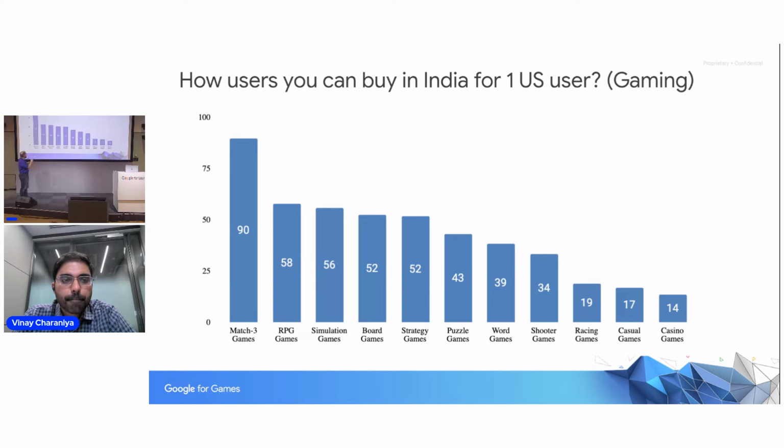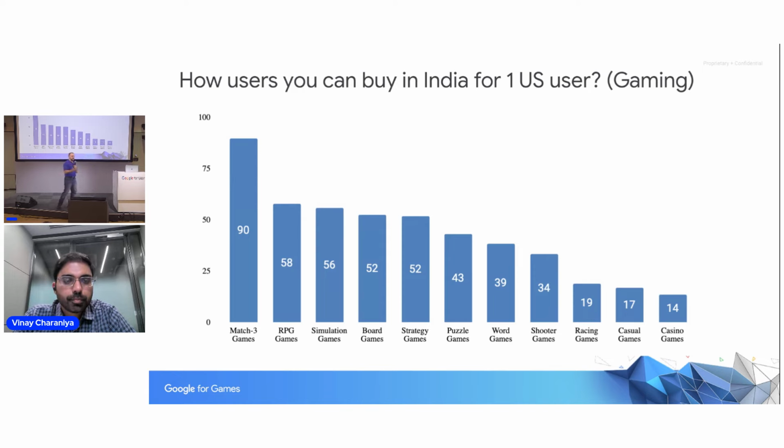But still, there are some games, like shooter or racing games, where in general the user quality is much higher versus categories like match 3 or RPG. Because at the end of the day, the price in a specific market shows the quality of the user as well.